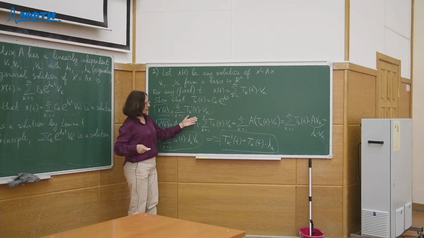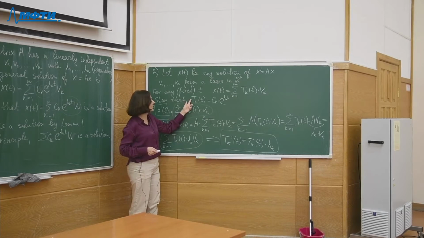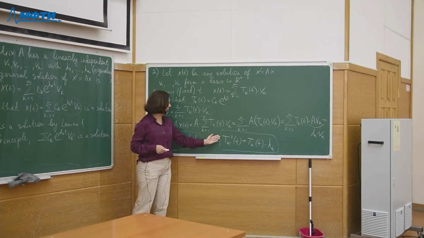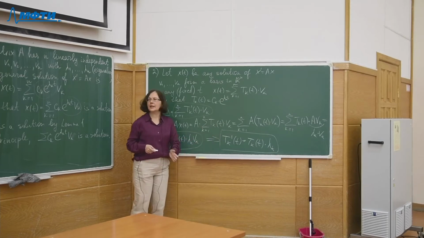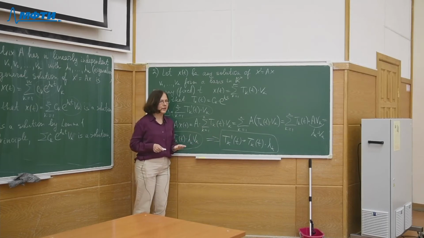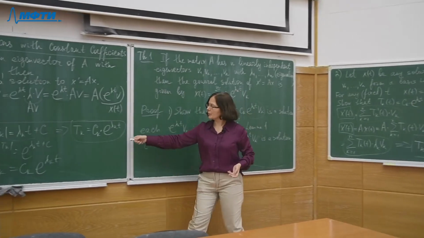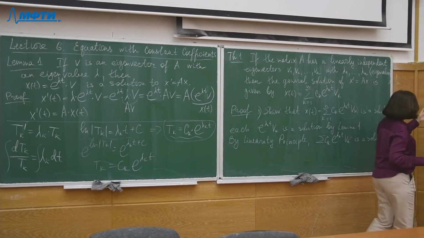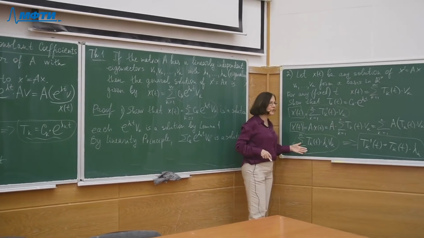I have shown that we can obtain the differential equation for finding tk. And after this, I solved this differential equation and obtained the form of the function. Okay, should I recall this procedure or not?